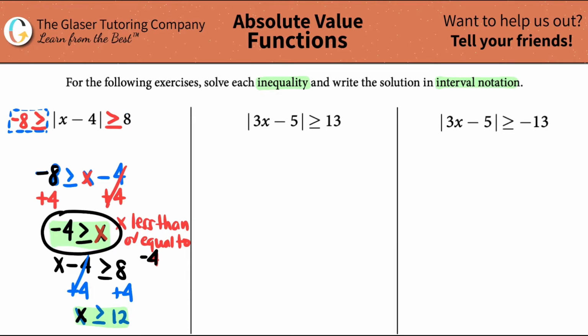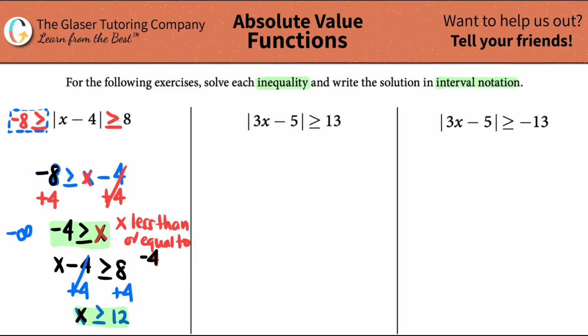Let's work with the first one first. If x is any number less than negative 4, I could keep on going lesser than negative 4, all the way until negative infinity. I just have to be less than negative 4.